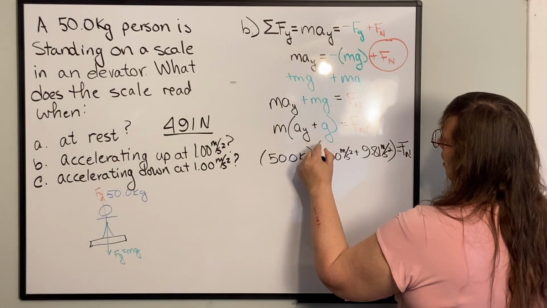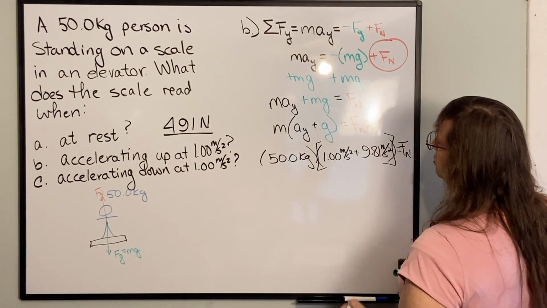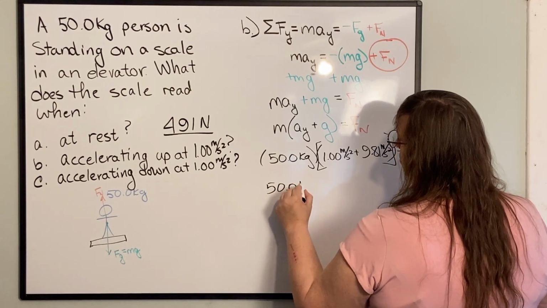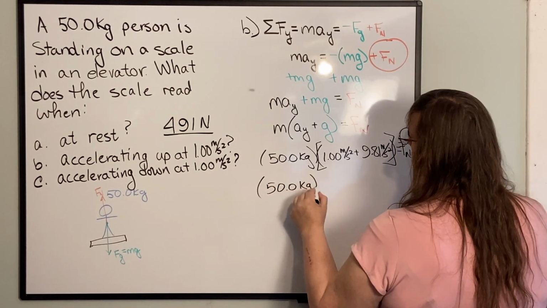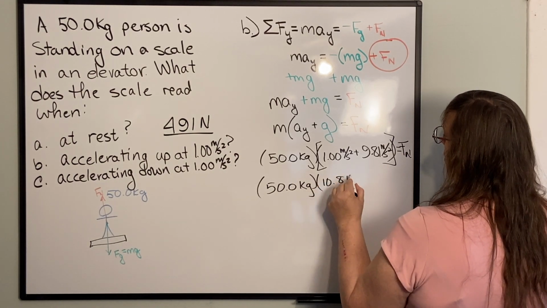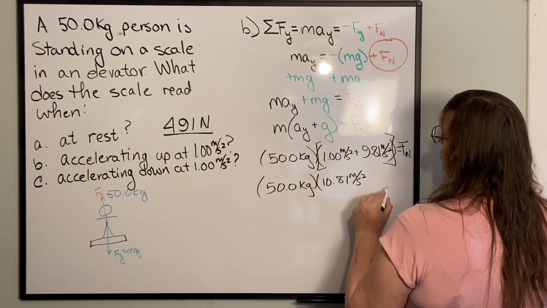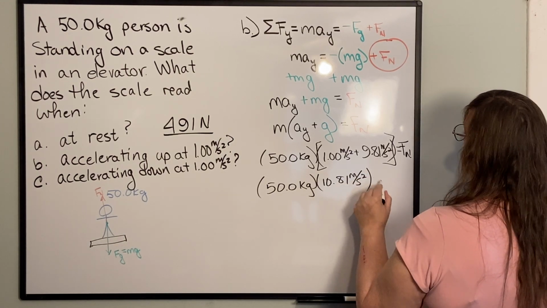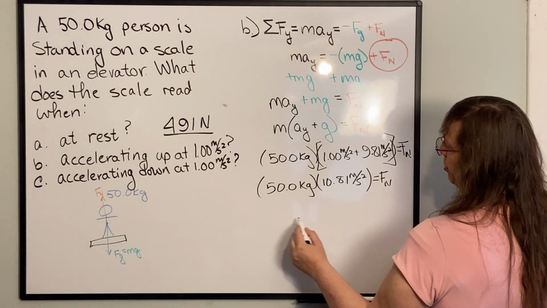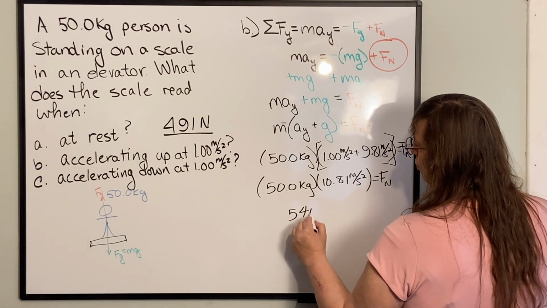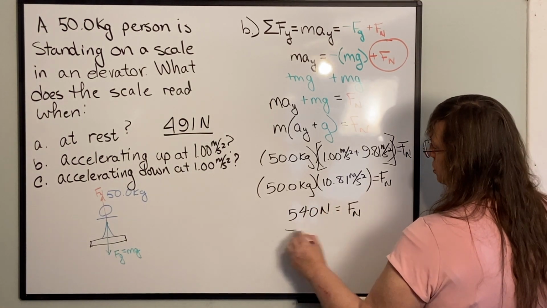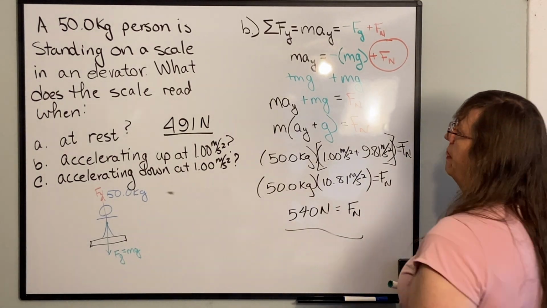Now, according to math, I have to do what's in my parentheses first. So this is really going to come out at 50.0 kilograms times 10.81 meters per second squared. And we do the multiplication here, we get 540 newtons, is what the scale is going to read. Okay?